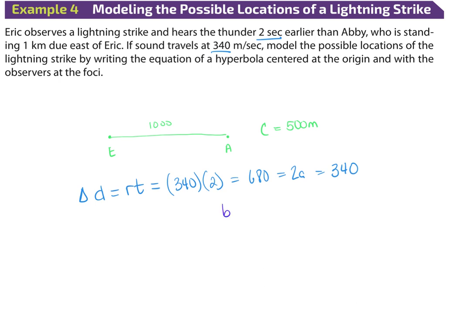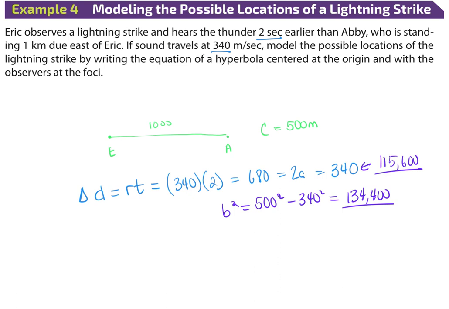So B squared is going to equal my 500 squared, that's my C squared, minus my A squared, which is 340 squared. B squared is going to be this ginormous number right here, 134,400. I do need my A squared in my formula. When I square that, you get 115,600. That's my A squared. That's my B squared.